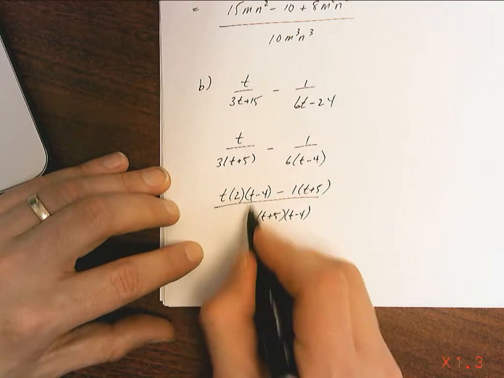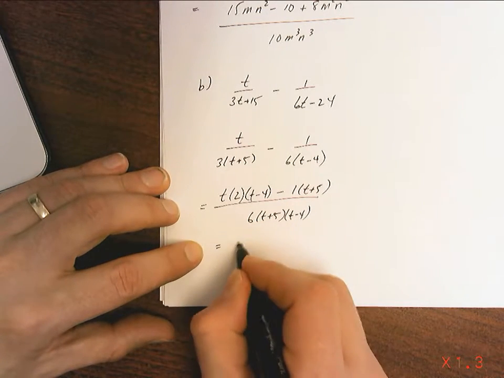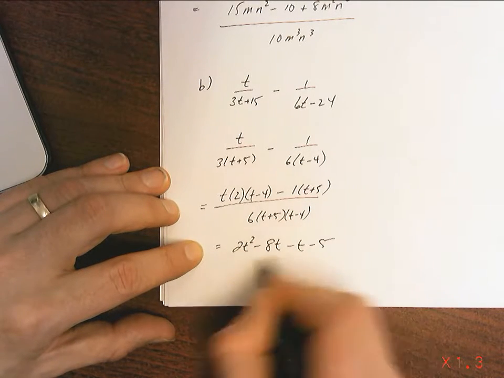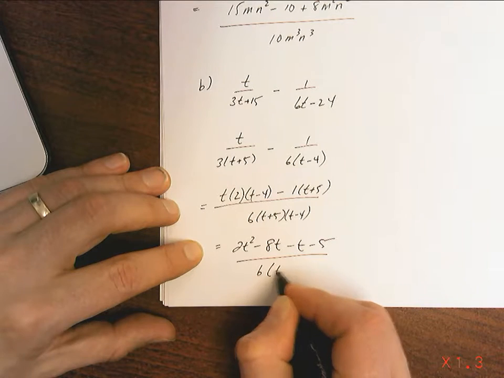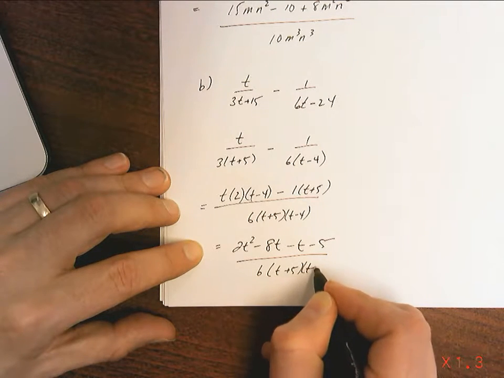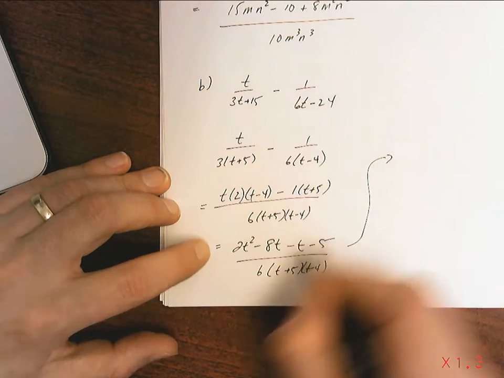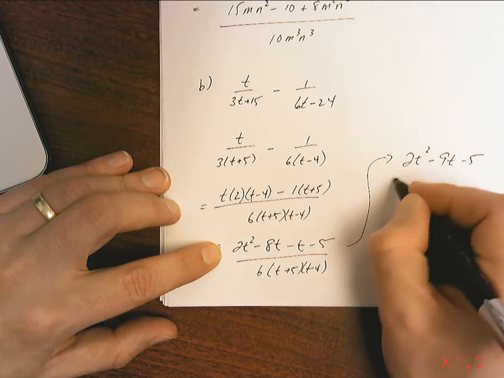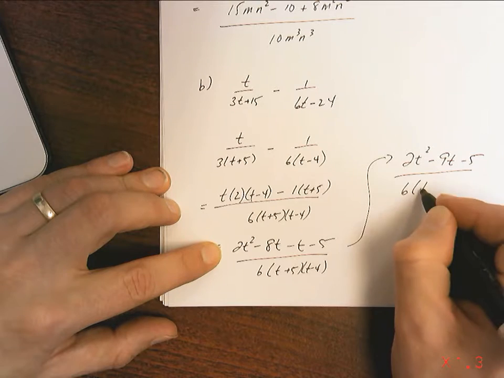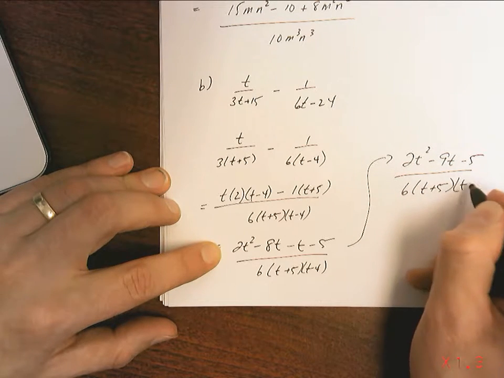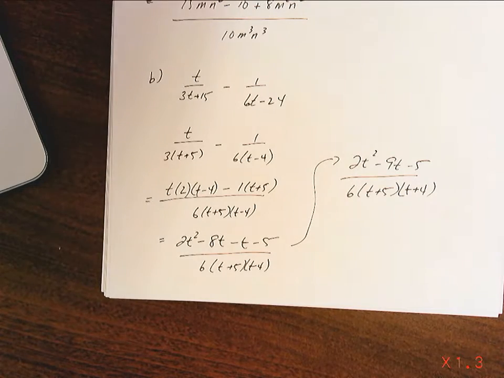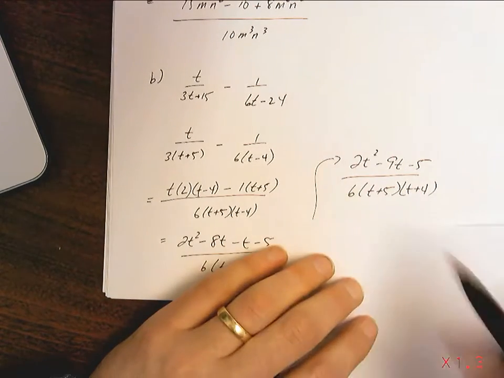Expanding, that's 2t times t, that's 2t squared, minus 8t, minus t minus 5. The bottom stays. So that's going to be 2t squared minus 9t minus 5 over top of 6, t plus 5, t minus 4. Two numbers that multiply to give negative 10, add to give negative 9.